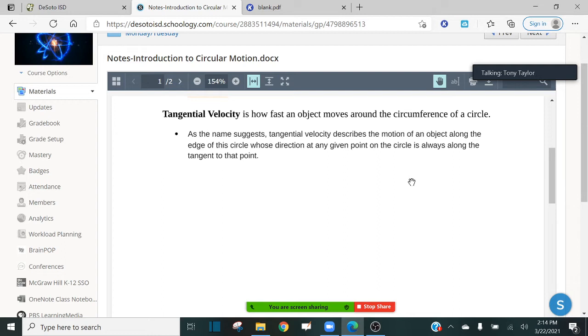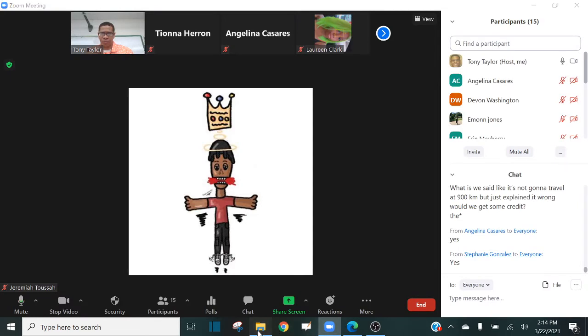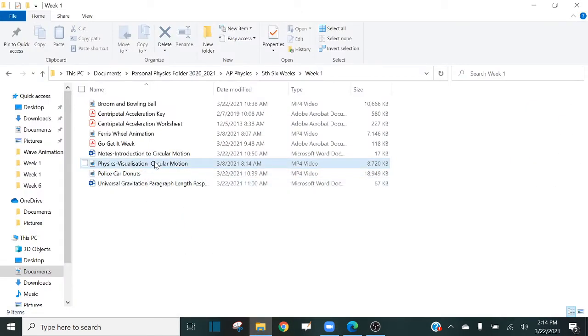Tangential velocity just basically means how fast an object moves around the circumference of a circle. Let me show you guys a visual of what I mean.